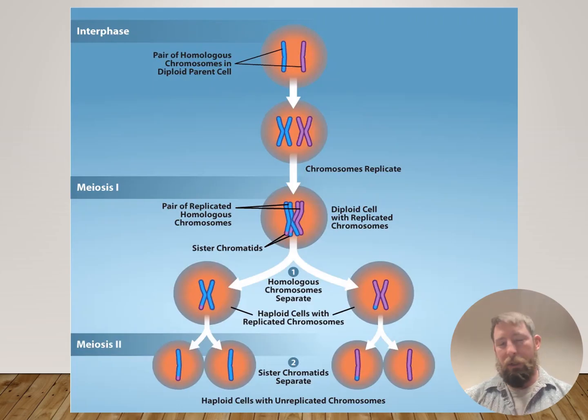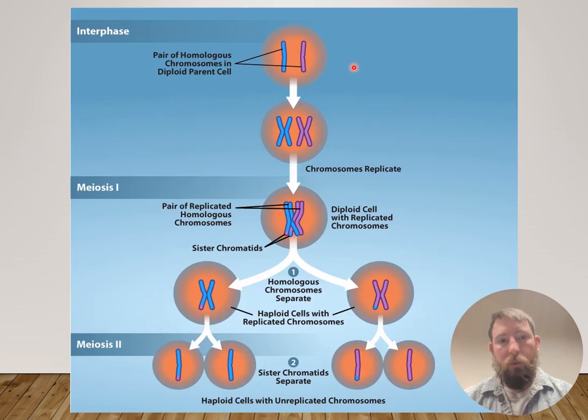And of course, that's how, when gametes undergo fertilization, when the sperm and the egg meet, the offspring completes the cycle and has one chromosome from the mother and one chromosome from the father. I'm not really going to get into the specifics of this, because the actual mechanics of it are very similar to mitosis.